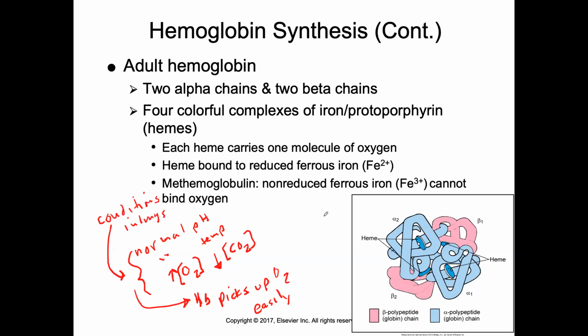But at low pH, high temperature, low oxygen, and high CO2, hemoglobin unloads its oxygen.